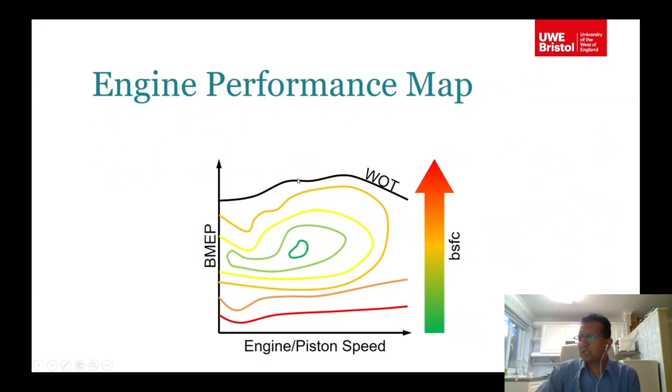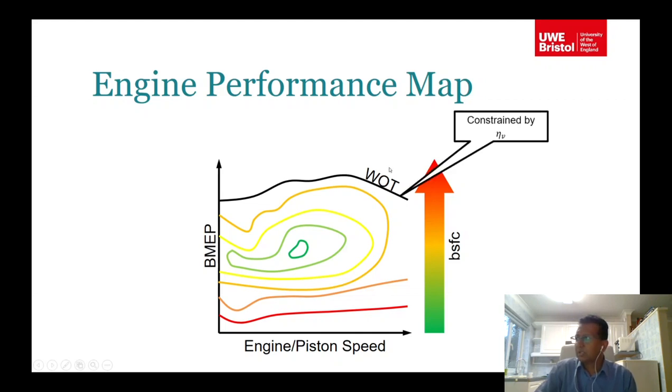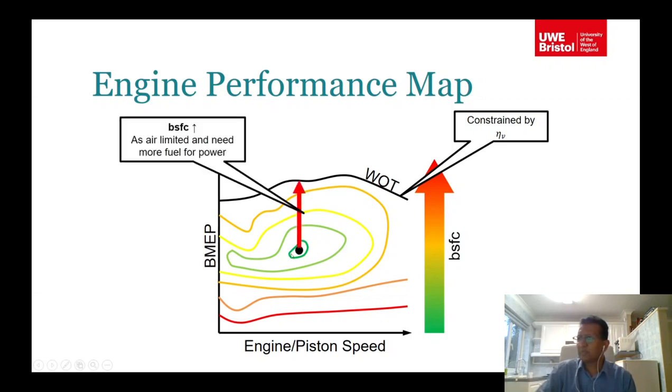So you can draw a graph of BMEP versus engine and piston speed. These graphs will give you the increase of brake specific fuel consumption. This is constrained actually by the volumetric efficiency.